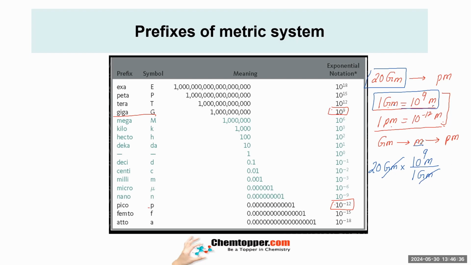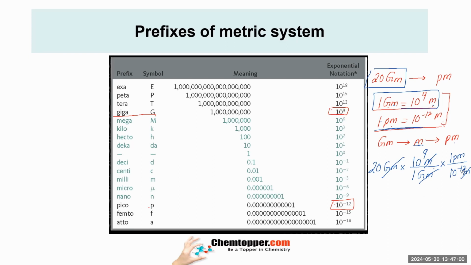Now I'll convert my meter to picometer. For that, I'm going to use this ratio. What do I want? Picometer. So plug in this ratio, picometer in the numerator and 10 raised to minus 12 meter in the denominator. Meter cancelled.